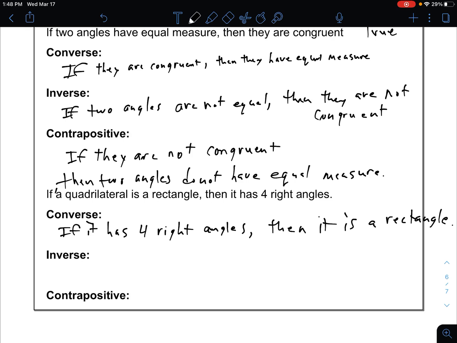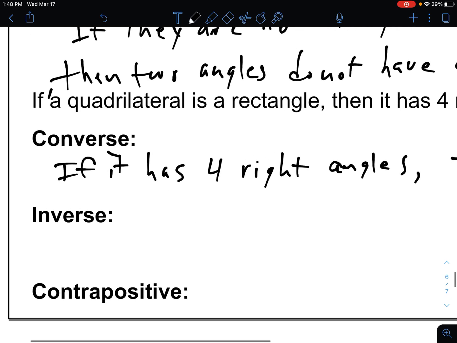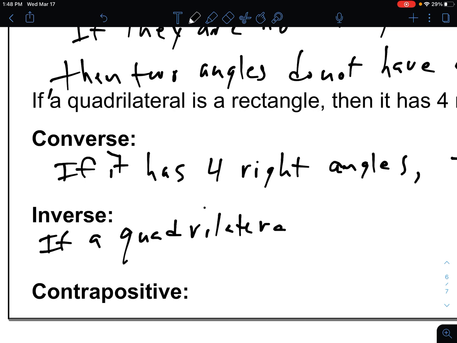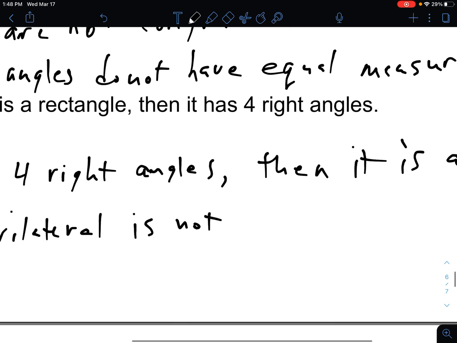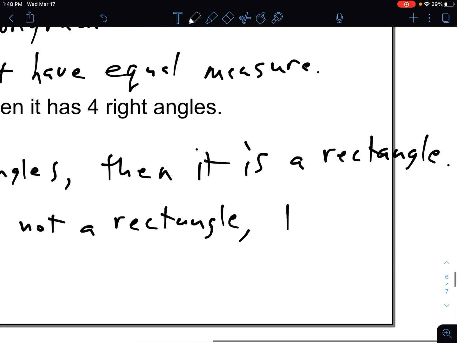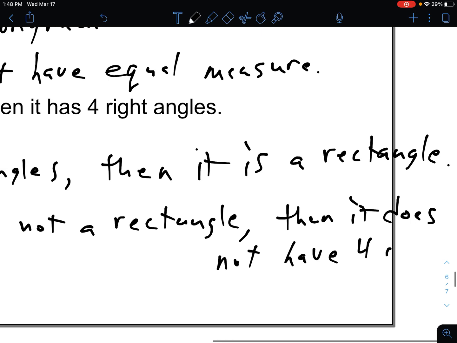Inverse says, well, let's negate the first one. If a quadrilateral is not a rectangle, then it doesn't have 4 right angles.